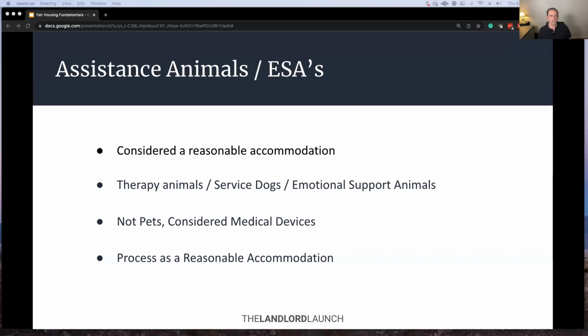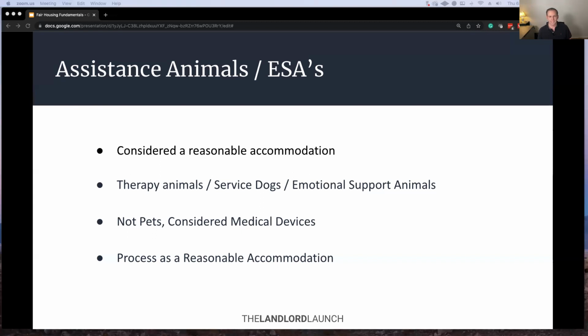ESAs, they do not have any special training requirements. There are a few pieces of documentation that you have to obtain to actually be qualified for an ESA and get a reasonable accommodation. But you don't automatically get to take them on airplanes, which a lot of people think you do. A lot of people equate emotional support animals to service dogs, and it's not the same thing.